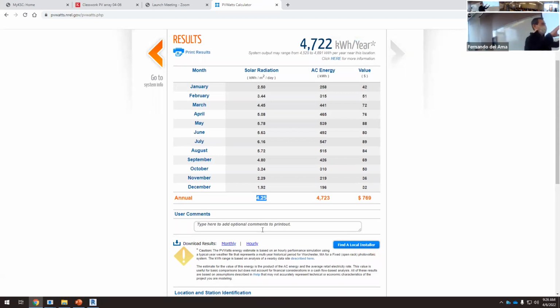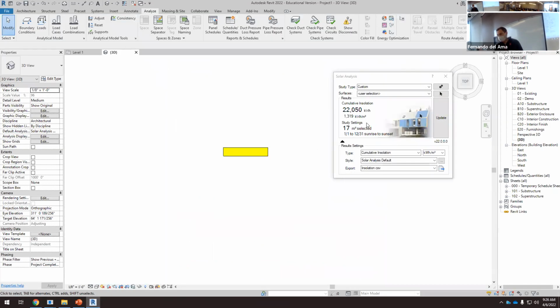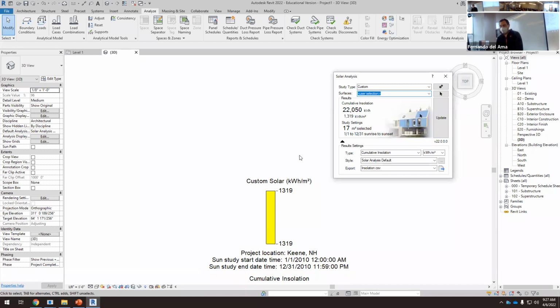We have a PV array. We have the right angle. And here we have information about the energy per square meters per day. And here we have, I will update. Well, it's energy per square meter. Here we have the final result. So we have 1,319 kilowatt hours per square meter.